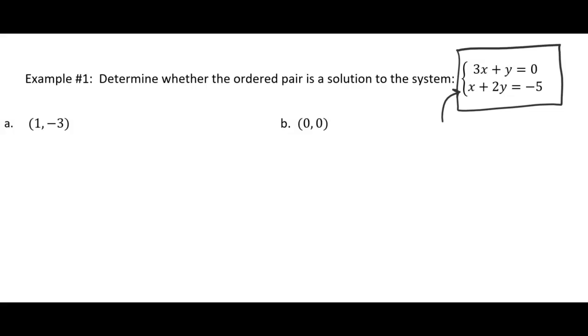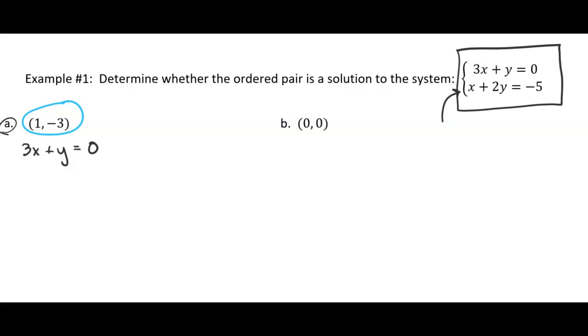So what you do is, on part A here, we're going to take 1, -3, and I'll just put it in the top equation first. Let me write this out so it's a little bit clearer. I'm going to take the equation 3x plus y equals 0. I'm going to plug in this ordered pair and see if it works.